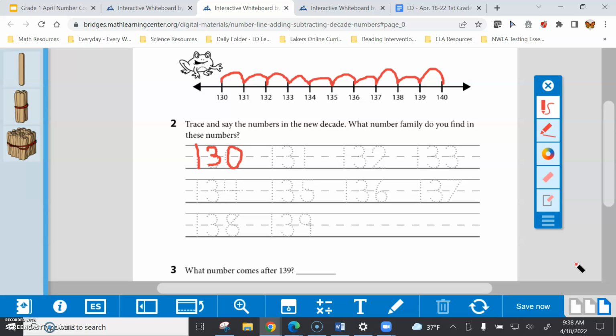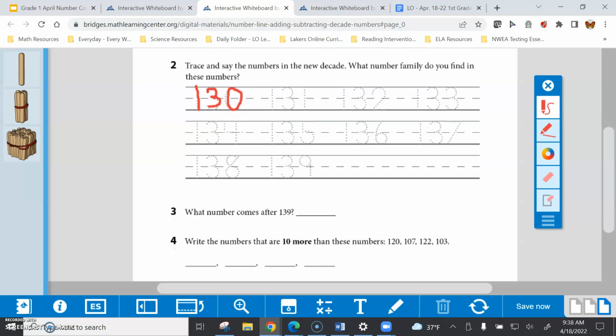You can say the number as you are writing it. You are going to continue to do this for a few moments. I'll explain the rest of this information, then I'll send you off to work on it.